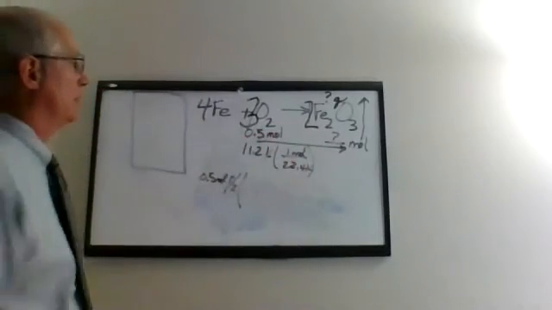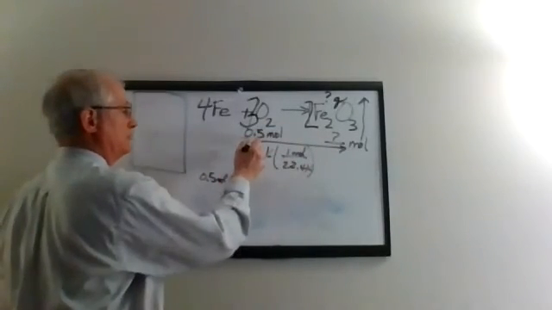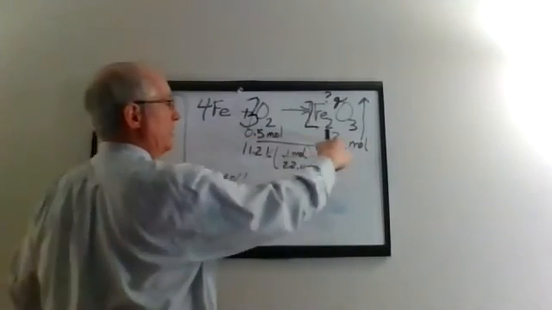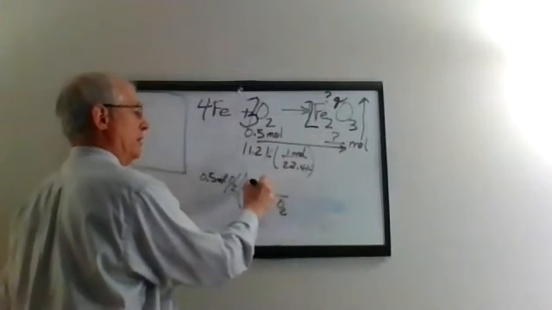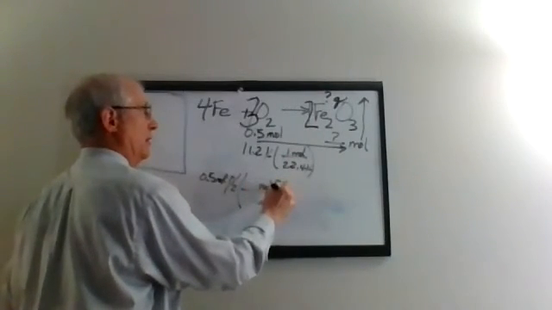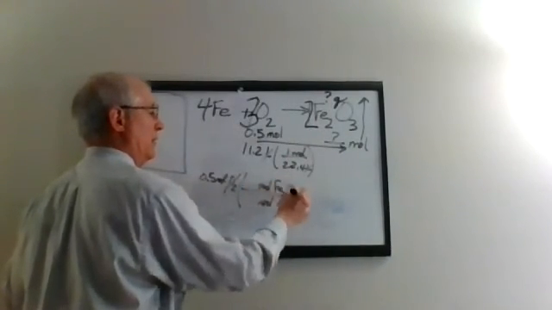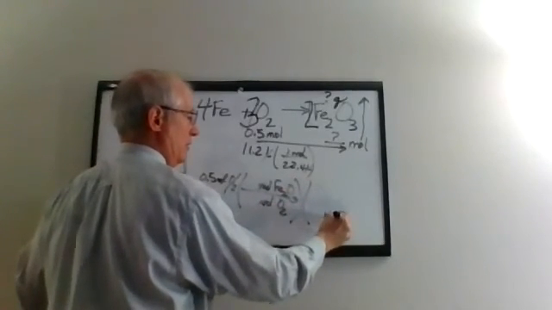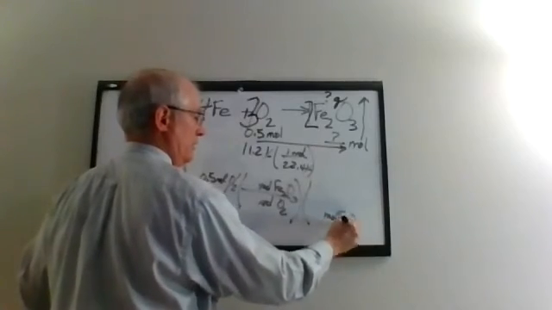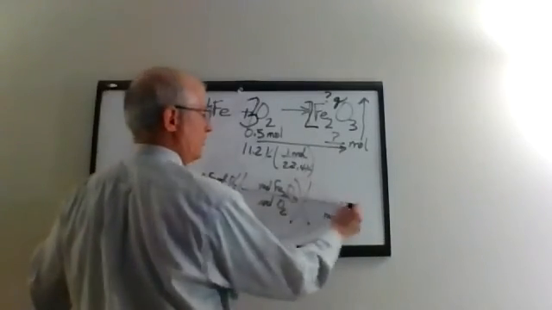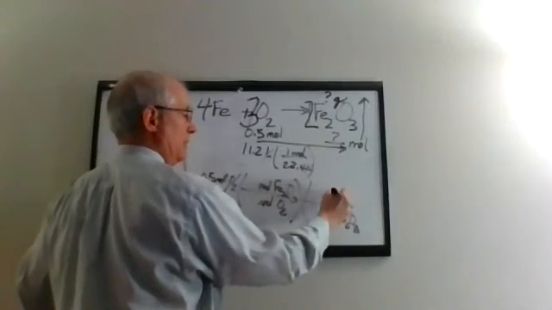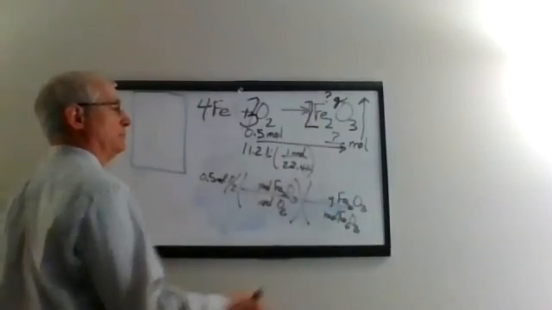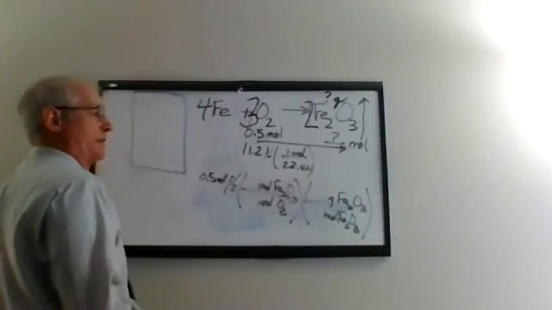I didn't follow my arrow. 0.5 moles of O2. So moles of O2 go down here, so you can cancel. What's at the end of the arrow? Moles of iron 3 oxide. Moles of iron 3 oxide go down there, so they'll cancel. And grams of iron 3 oxide go up there because that's at the end of the arrow.